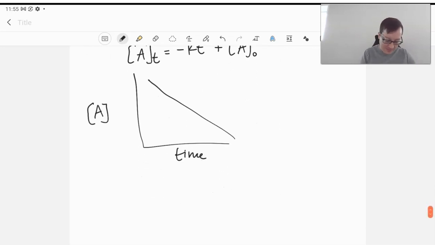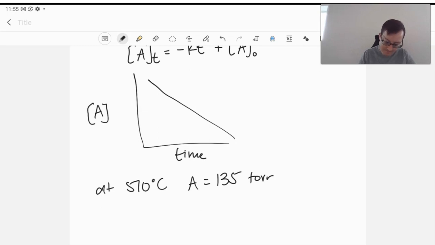So at 510 degrees Celsius, like before, A is going to be 135 torr to start. k is 6.8 times 10 to the negative 4, just inverse seconds this time.